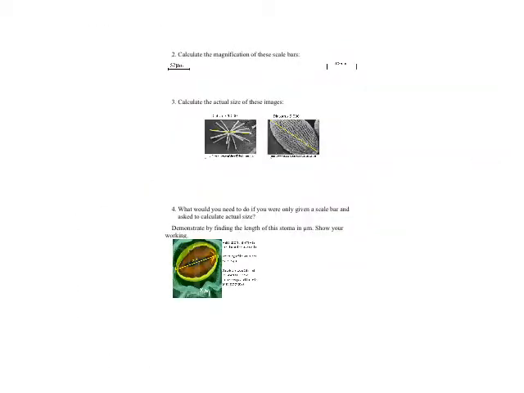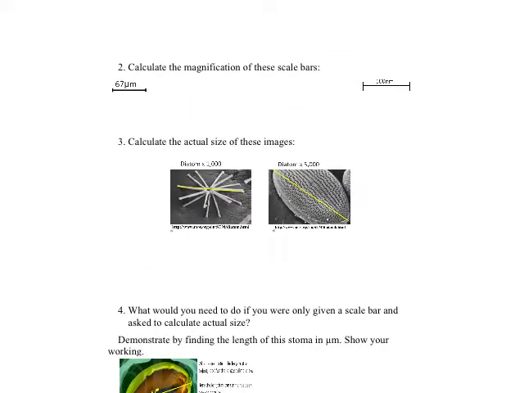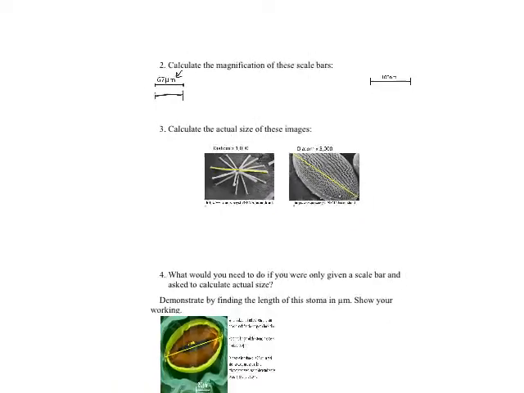All right, so when you're looking at these, what you need to do, you're calculating the magnification of these scale bars. So you've been given a scale bar and you've been given the actual amount that represents. But basically, you would measure this length with an actual ruler, and I kind of made a mistake there. Let me fix that. You're going to measure that actual length with a ruler, and then you need to convert it into micrometers, and then you're going to use the formula and this number to get the magnification, okay?